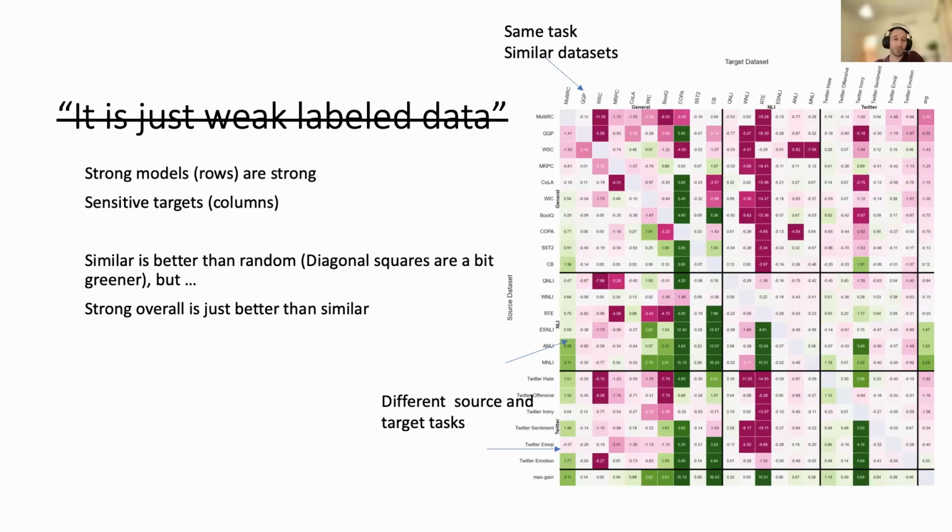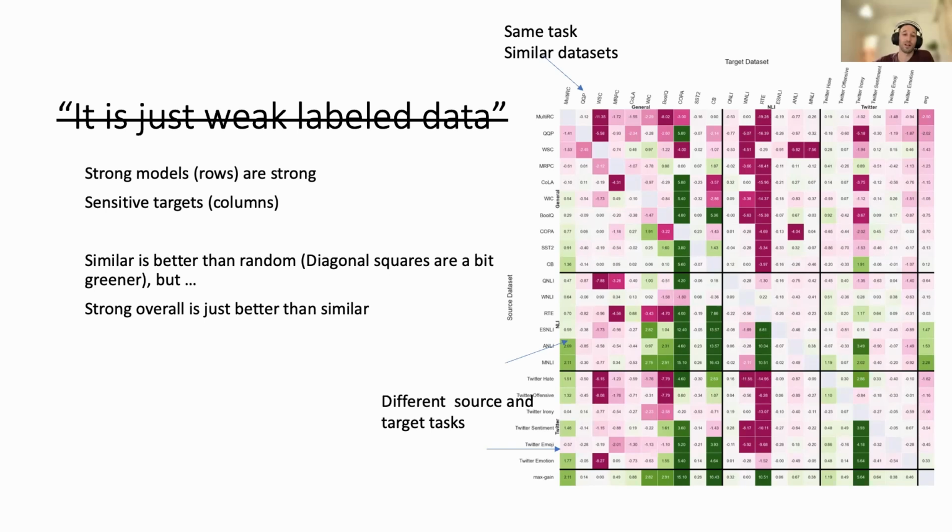Okay, so the bottom line was that if we rank models and we can tell which model is better than which, then we can just use this information and start from the good models, because it doesn't really matter which task we care about. Whatever the task is, mostly the same models are the good models.